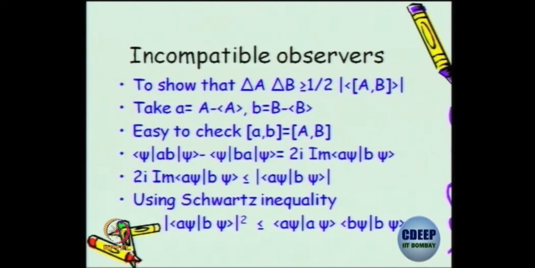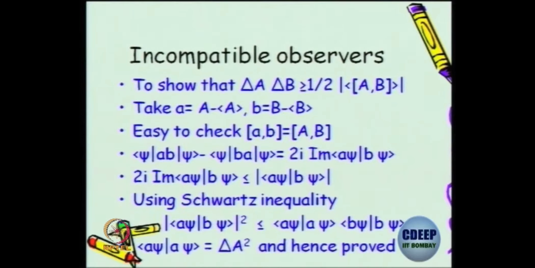If you take the dot product, you can show that its modulus squared is less than the product of the norms of the individual states. Is that right? So now you can plug this back in, and A psi with A psi is nothing but delta A squared. This also you can check.